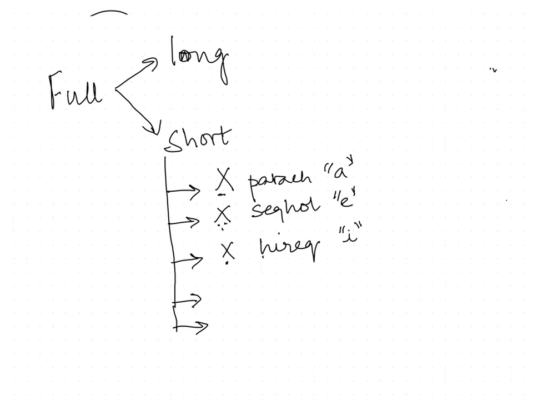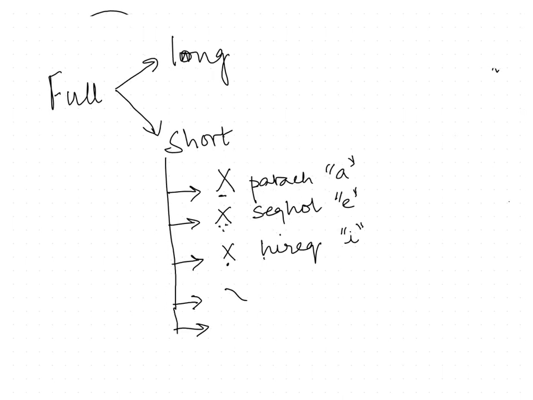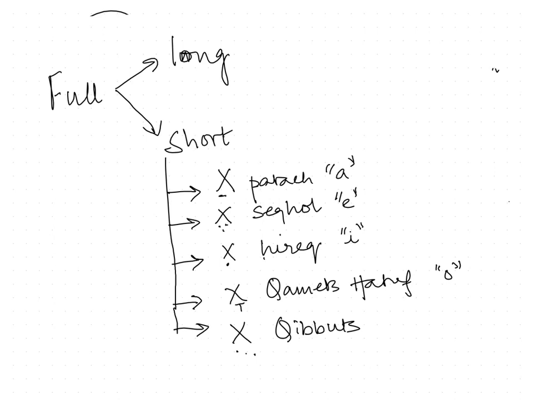After that, A, E, I, O, so that would be again a kametz katuf, which is the O sound. And finally you have the oo sound, which is the kibbutz. Fair enough?